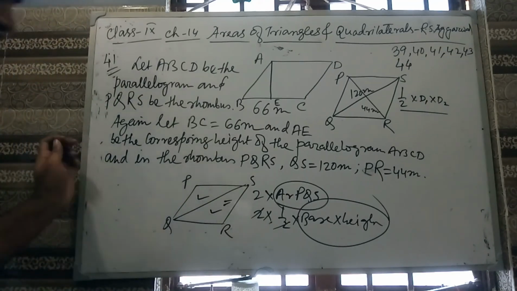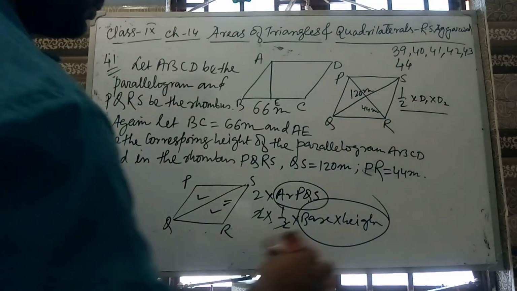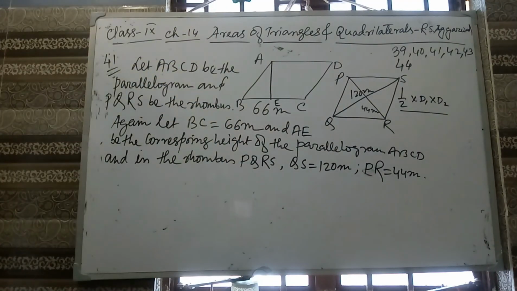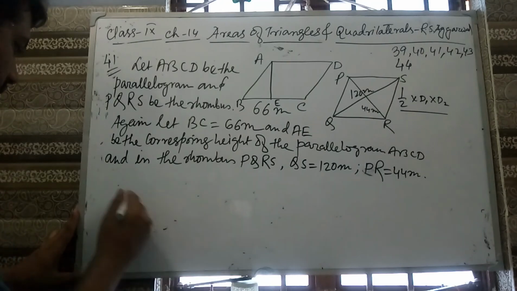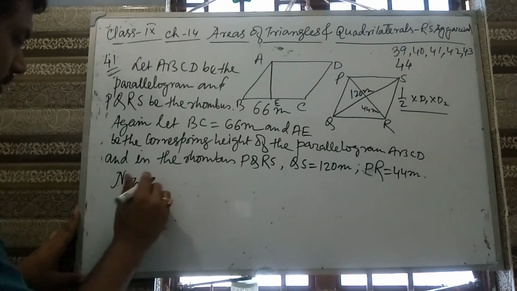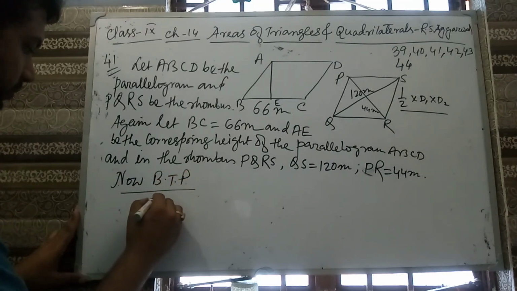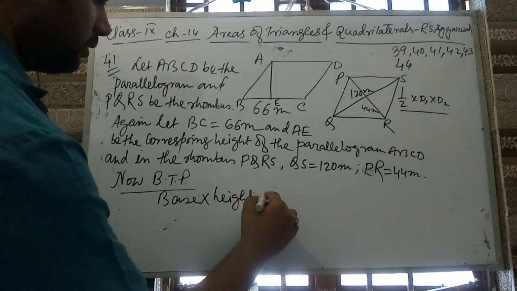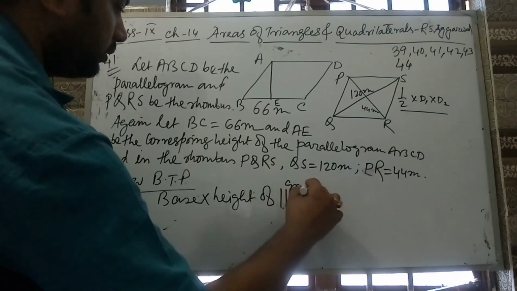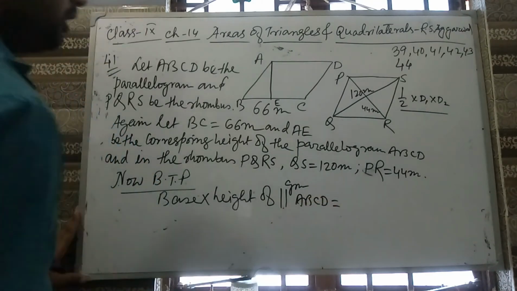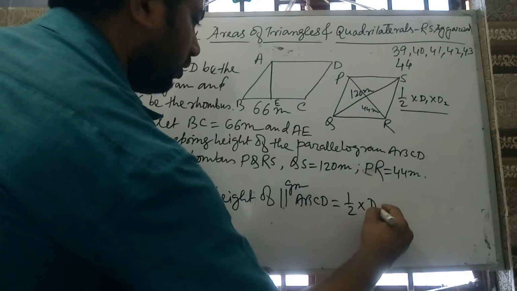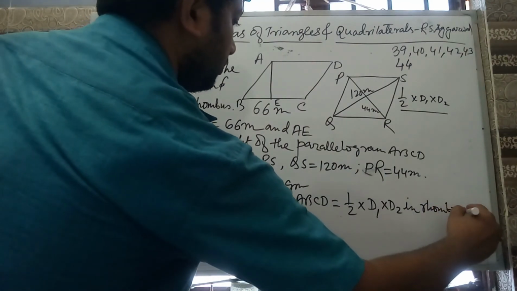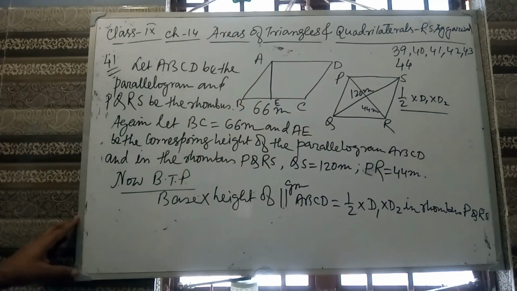Okay, so write down these two formulas. Now, by the problem, base into height of parallelogram ABCD equal to half into D1 into D2 in rhombus PQRS, because their areas are equal.